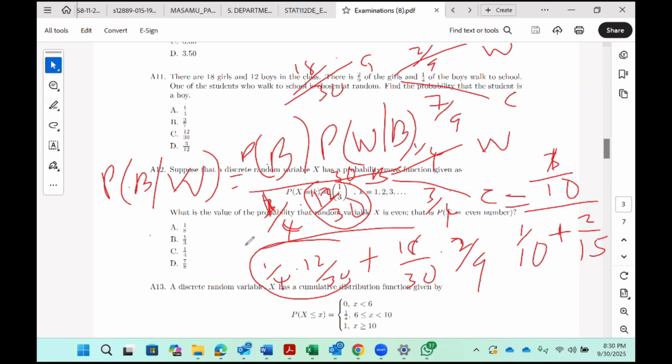So simplify that, what did you get? The LCM here is 30. So here will be 3 plus 2, so that's 5 over 30. So I have 1 over 10 times 30 over 5.